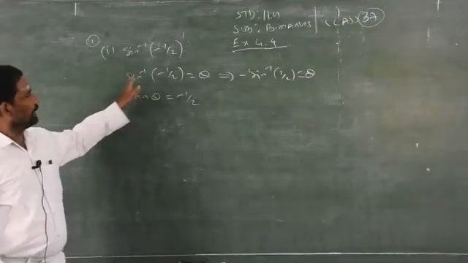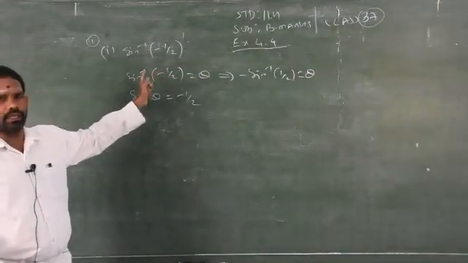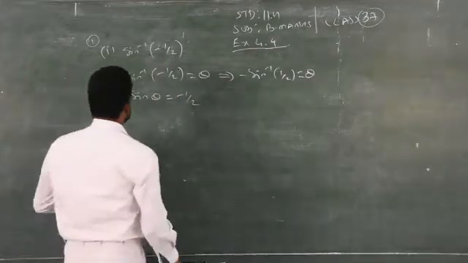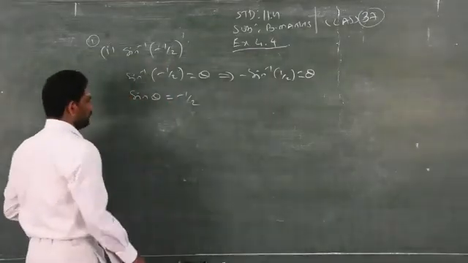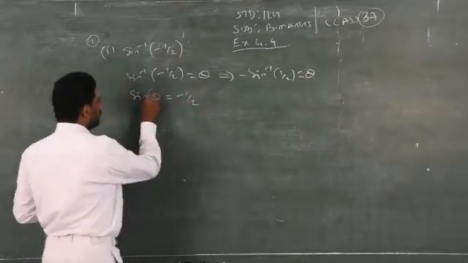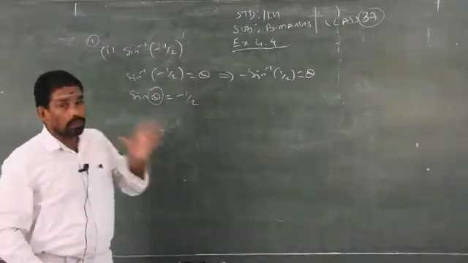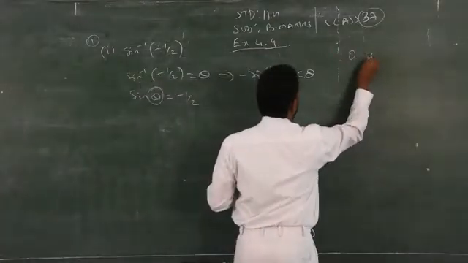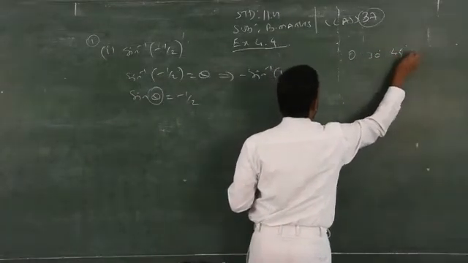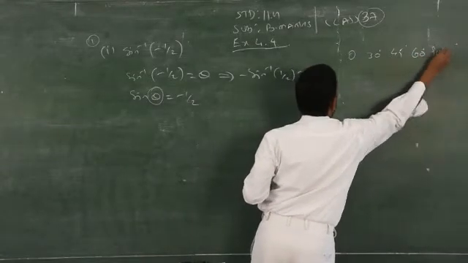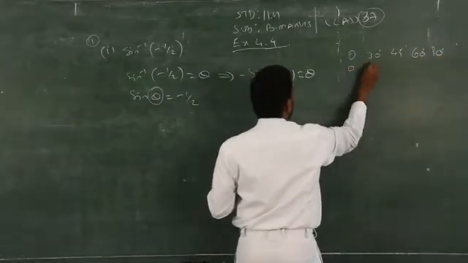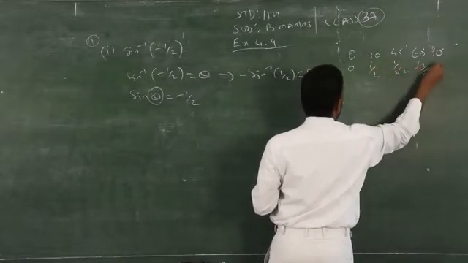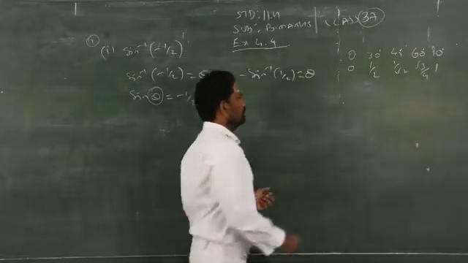Clear? So if you take minus outside this, we already studied in the previous exercise, exercise number 4.1, that sin theta is equal to minus 1 by 2. Now theta should be replaced by which degree to get 1 by 2? You have to remember 0 degree, 30 degree, 45 degree, 60 degree and 90 degree. This is 0, 1 by 2, 1 by root 2, root 3 by 2, 1.